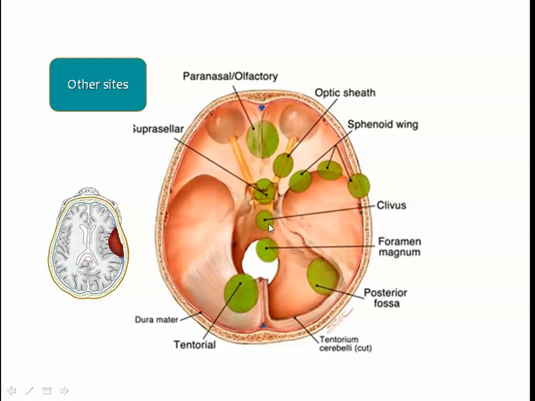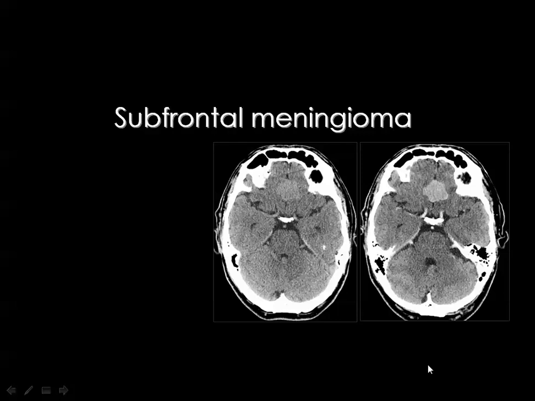From the dura against the clivus is known as the clival meningioma. From the dura lining the foramen magnum is known as the foramen magnum meningioma. In the posterior fossa, this is the posterior fossa meningioma arising from the convexity meninges or arising from the tentorium, which is known as the tentorial meningioma.